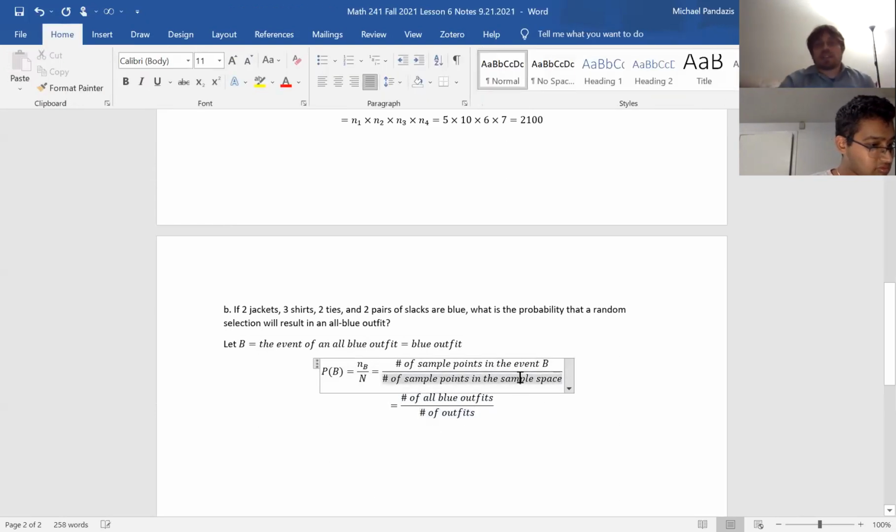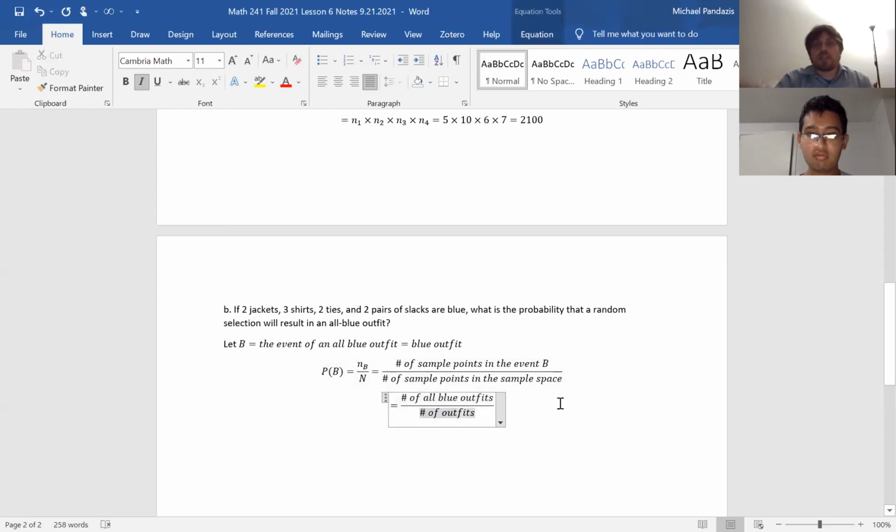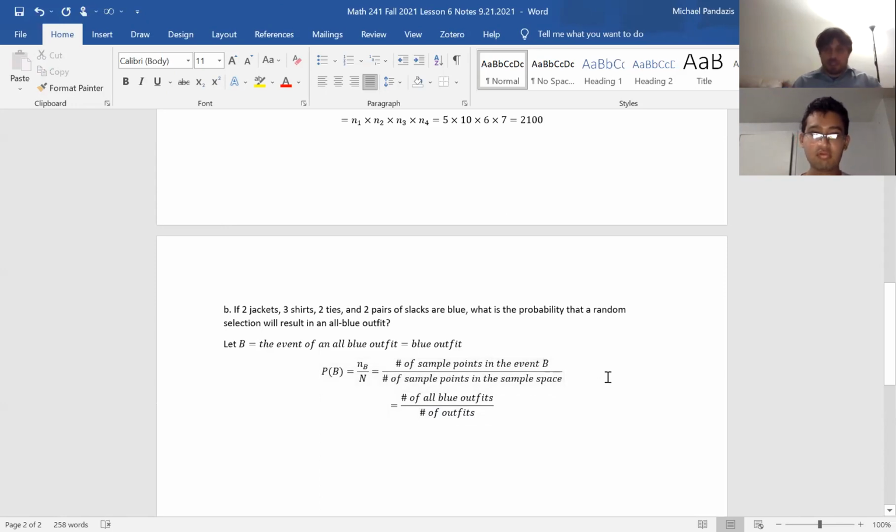So the sample space consists of all the different outfits. And so the number of sample points in the sample space is the number of different outfits you can choose, right? So the denominator is the number of outfits. The numerator is the number of sample points in the event B. The event B is all blue outfits. So the event B consists of all the outfits in which everything is blue. And so the numerator is the number of all blue outfits.